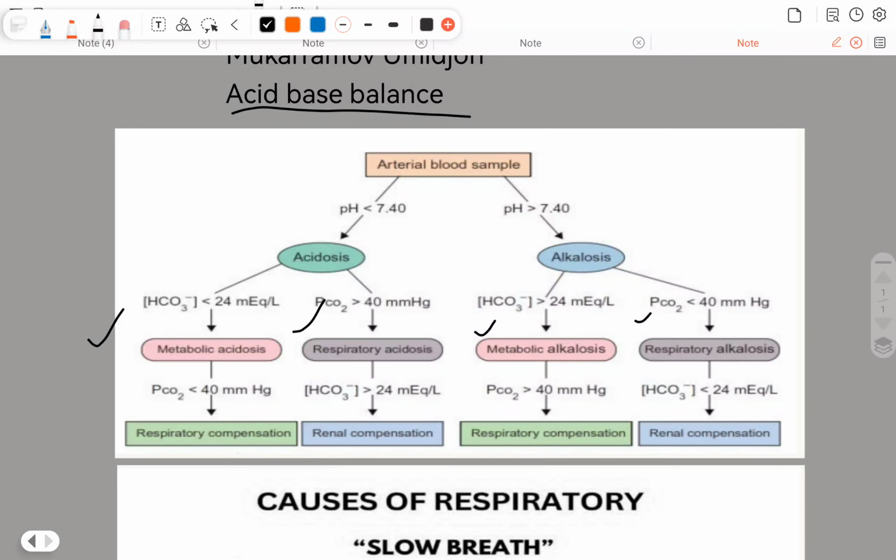So acidosis may occur in this kind of patients. That's called metabolic acidosis.